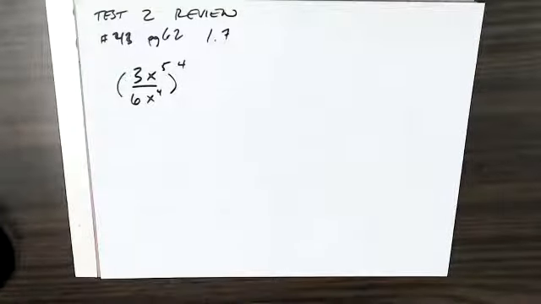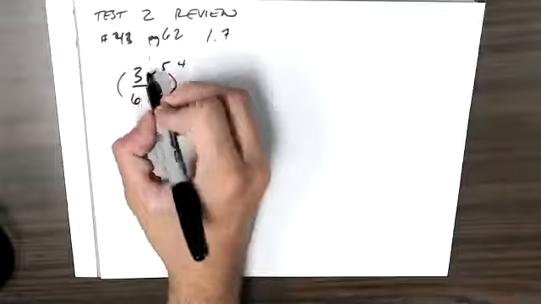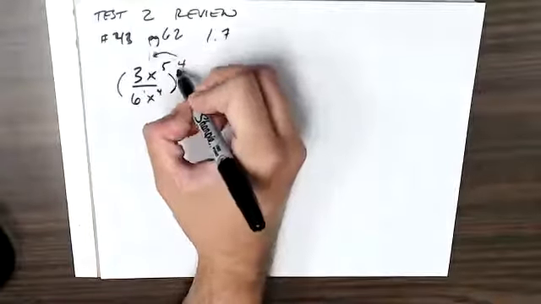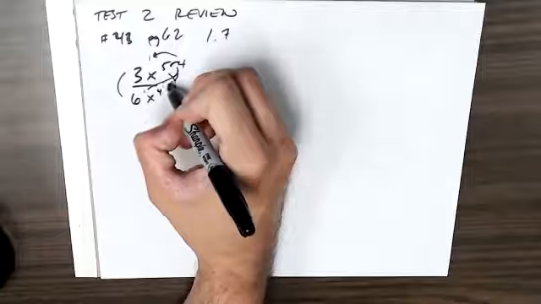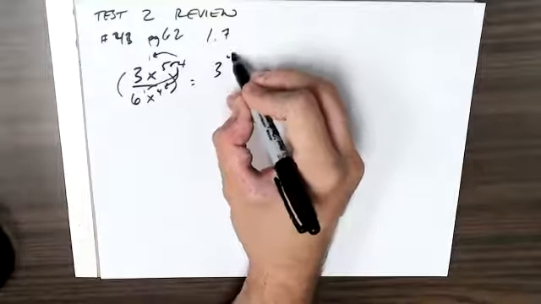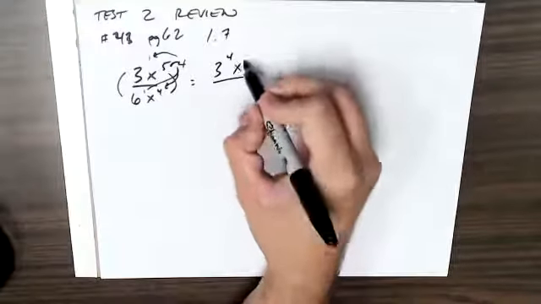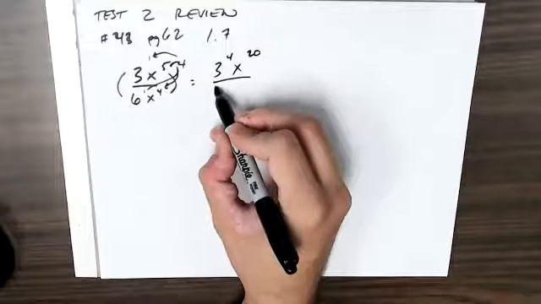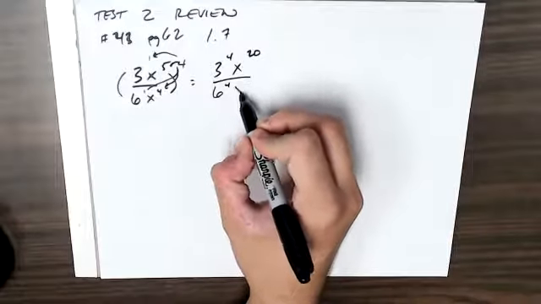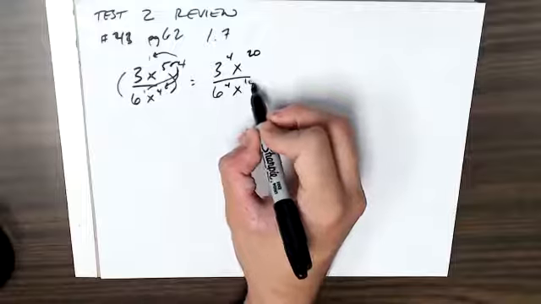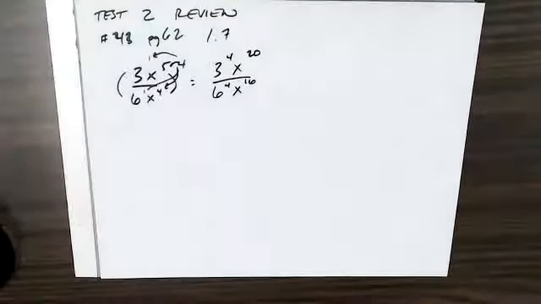I'm going to multiply the exponents. Okay. So if we do that, we have to multiply them to all of them, right? So we get 3 to the 4th over x to the 20th over 6 to the 4th over x to the 16th. Okay? Then what does your brain want to do?